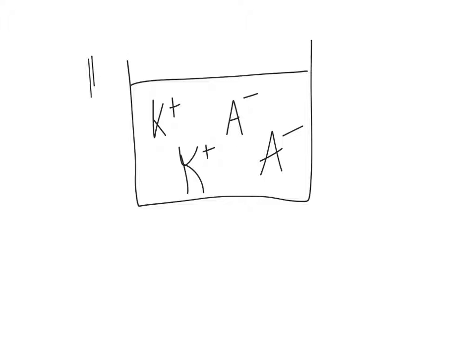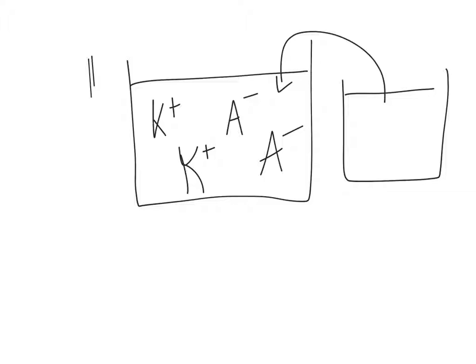We add a beaker of mercury 2 nitrate. Is it soluble or is it a solid? Look at your solubility table. Mercury 2 nitrate. It's aqueous because all nitrates are soluble, right? All of them.